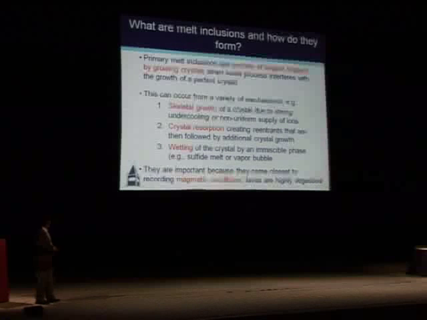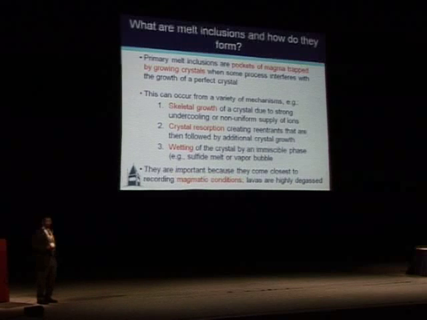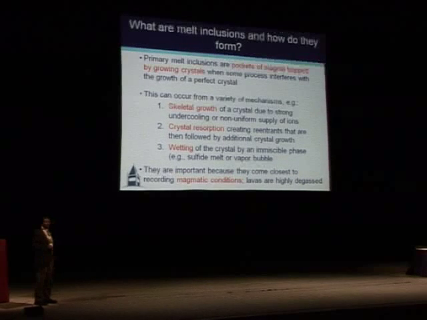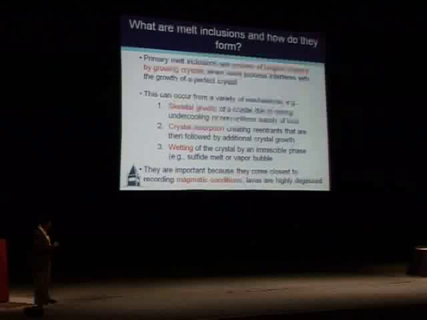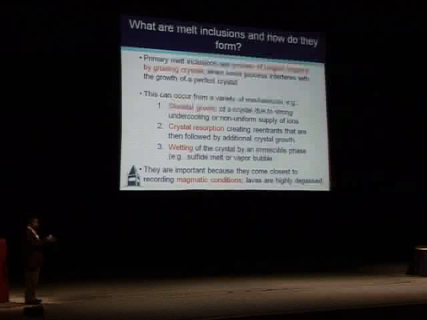Now, I understand that I'm speaking to a mixed audience that may include low-temperature geochemists who don't think about melt inclusions on a daily basis. So let me take just a couple of seconds to explain what these features are. Basically, we have a crystal that's growing, and as it grows, it will have some imperfections, and those imperfections or little pockets are going to trap magma.